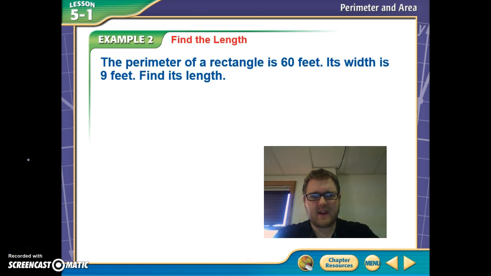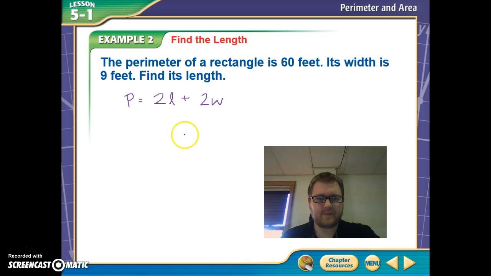Alright, so now looking at this next example, the perimeter of a rectangle is 60 feet. Its width is 9 feet. Find its length. So we're going to go ahead and set up our equation. We know that the perimeter is equal to 2 times length plus 2 times width.